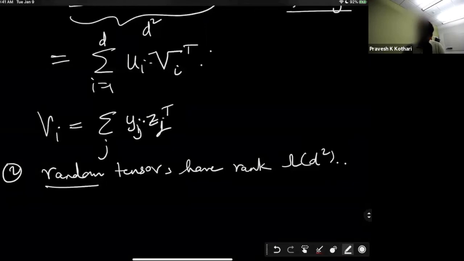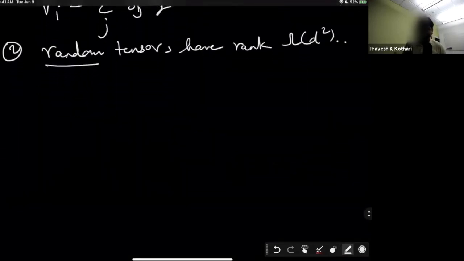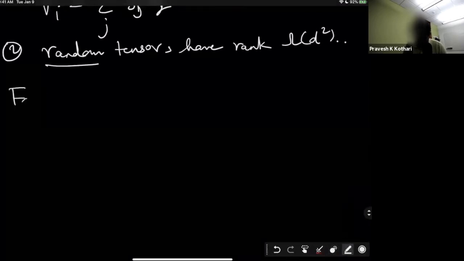But Ty's question is important in more than one way, because I can ask, given a tensor, is there a polynomial time algorithm to calculate its rank? Because I asked you this question about matrices earlier, it's only fair that I ask you about tensors. What do you think? Again, feel free to unmute yourself and make these guesses.